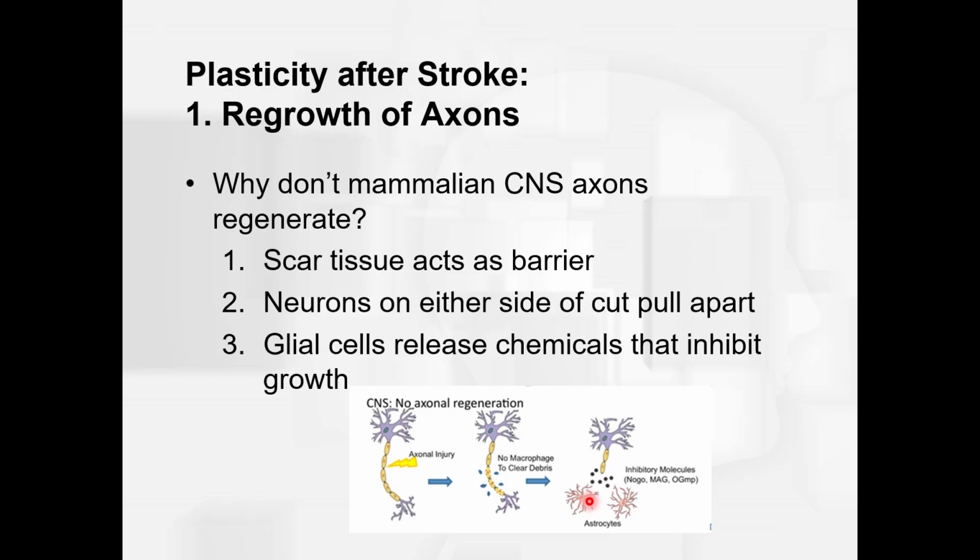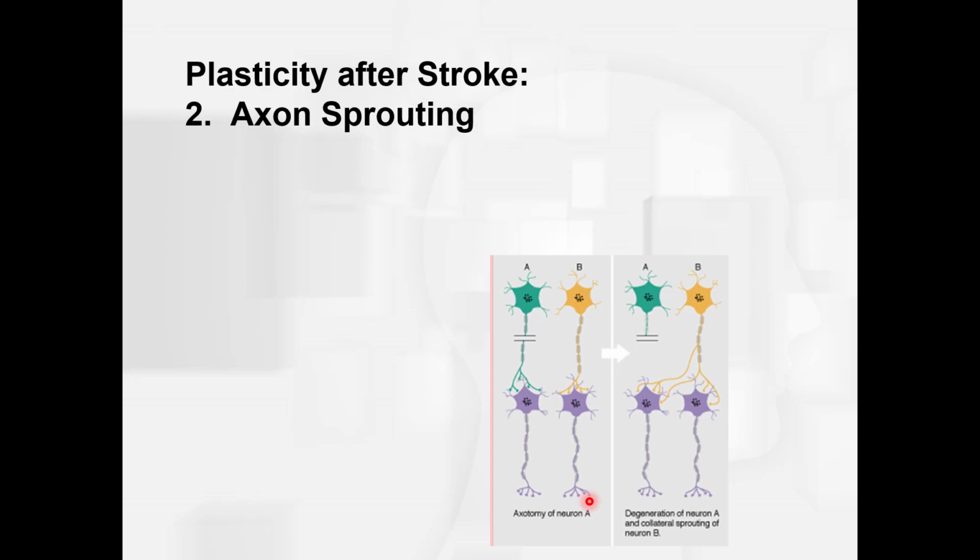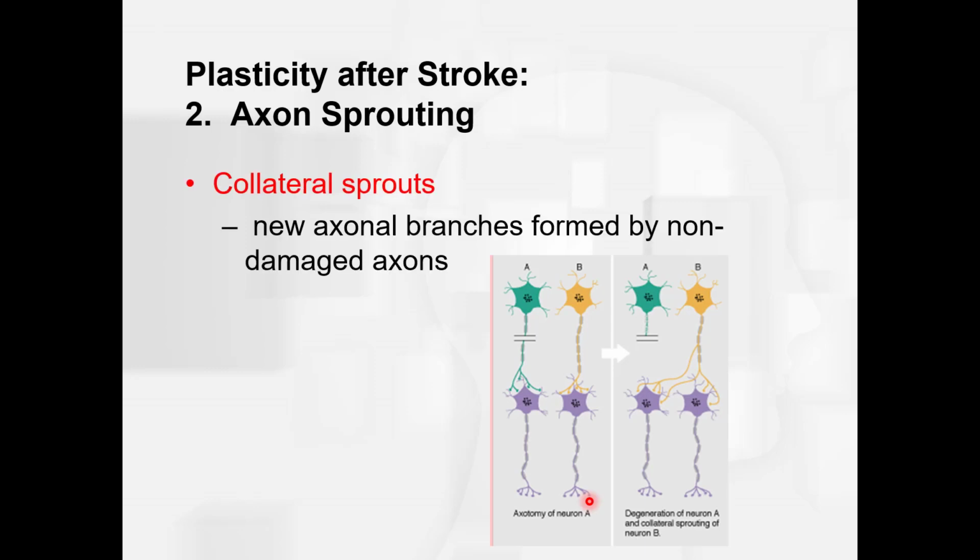Just be familiar with the idea that these astrocytes produce this glial scar that also releases chemicals that inhibit growth. The other type of regrowth is axon sprouting, sometimes called collateral sprouts, which are new axonal branches formed by the non-damaged axons. This is something I studied a lot in graduate school, and unfortunately we don't have a lot of time to go into it. We call it reactive synaptogenesis.